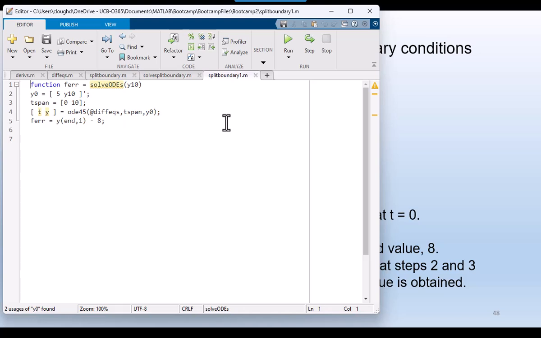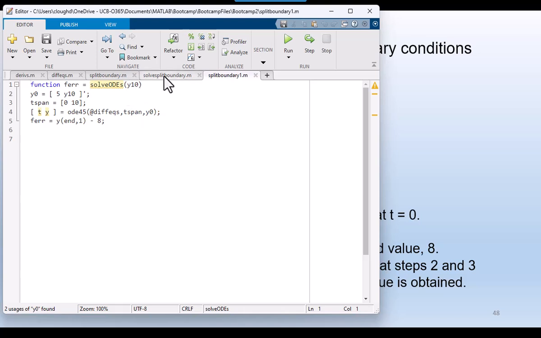It is a function that solves the differential equations for an initial guess for the derivative of y1, 0, and an initial value of y of 5, which we know, from 0 to 10, solves the differential equations, and then returns the difference between the last value of the solution. Notice the use of the keyword end here, all right? Last row, first column, minus 8. So it's trying to drive this to 0, all right, by adjusting the initial derivative value.